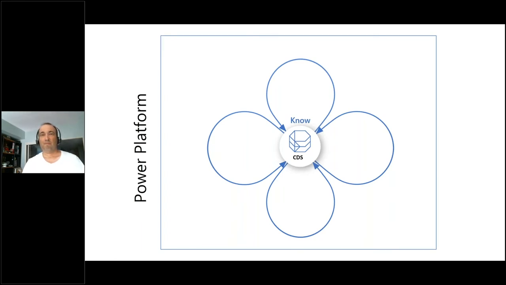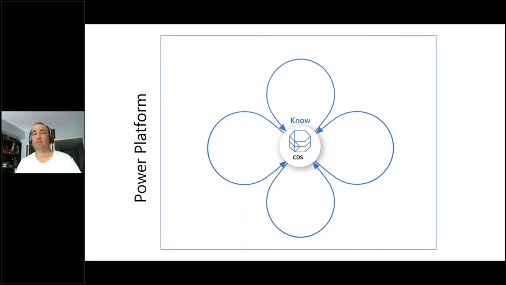So you can see on your screen in the center of this box is what we call CDS. CDS stands for Common Data Services, and that's the underlying platform that Power Platform uses.